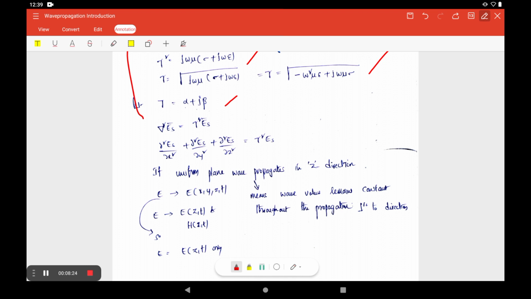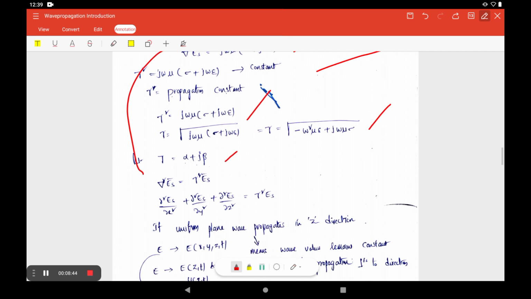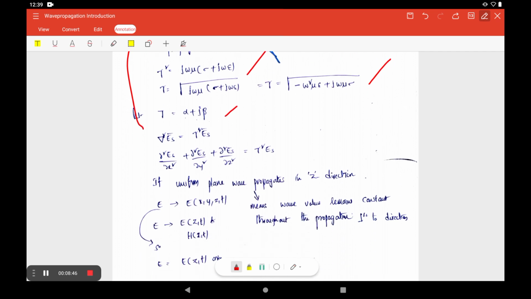We are applying del square, where del square is nothing but the Laplacian operator: del square by del x square plus del square by del y square plus del square by del z square. Therefore, if you are calculating for the magnetic field, del square Hs, expanding this you will get this equation.